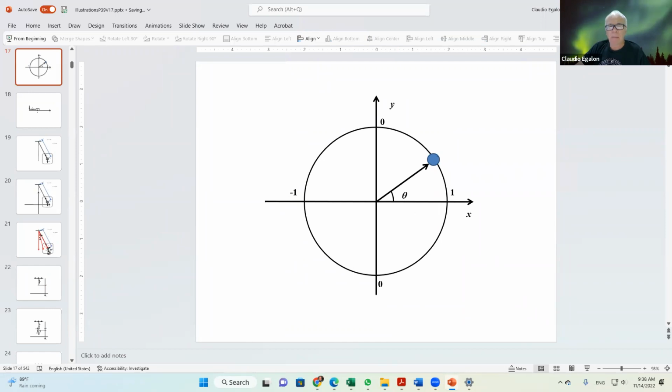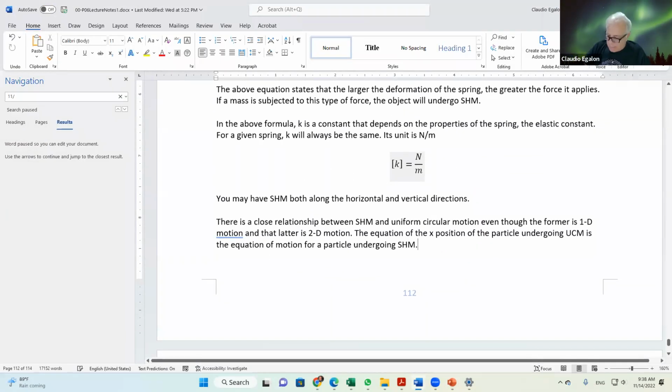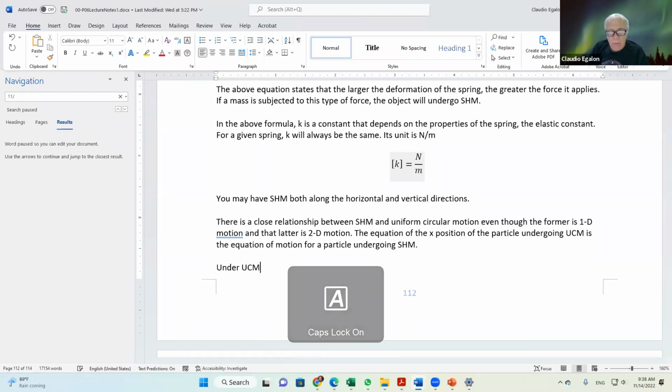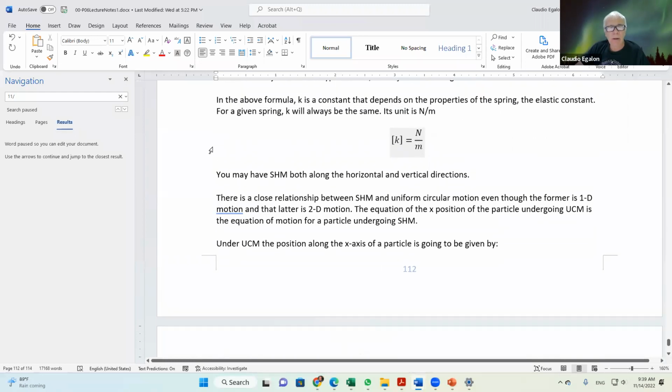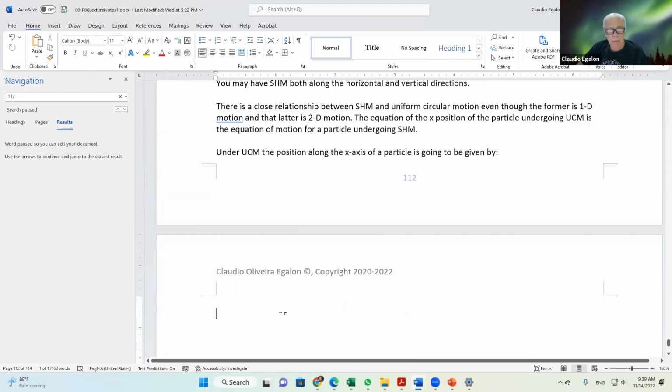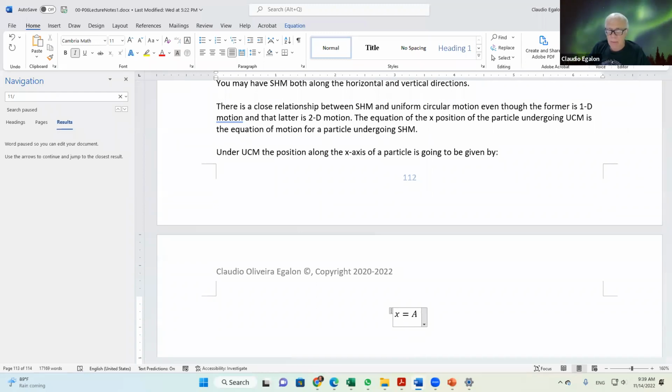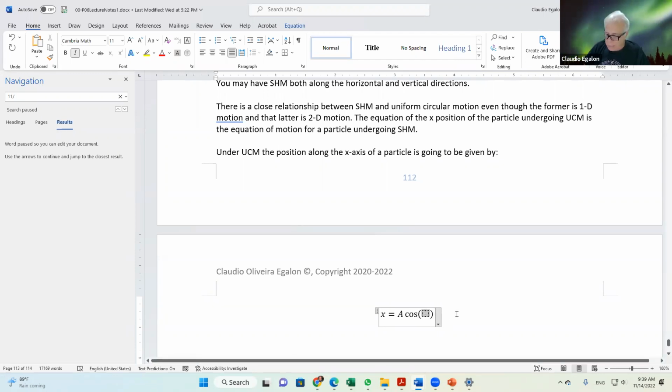The coordinates are going to be given by what? The x coordinate under uniform circular motion, the position along the x-axis of a particle, is going to be given by that equation that you already know, right? Here you go. x equals, let's say, an amplitude, which can be the radius of the circle, times the cosine of the angle theta, right?